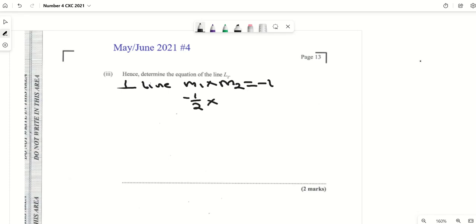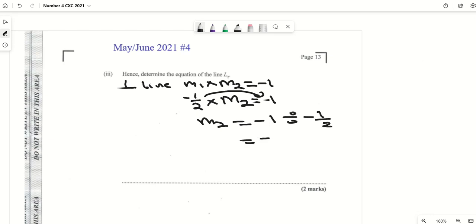So minus a half multiplied by m2 is equal to negative 1. Now we make m2 the subject. If we carry across multiply by, it turns to divide by. So it's negative 1 divided by negative a half.